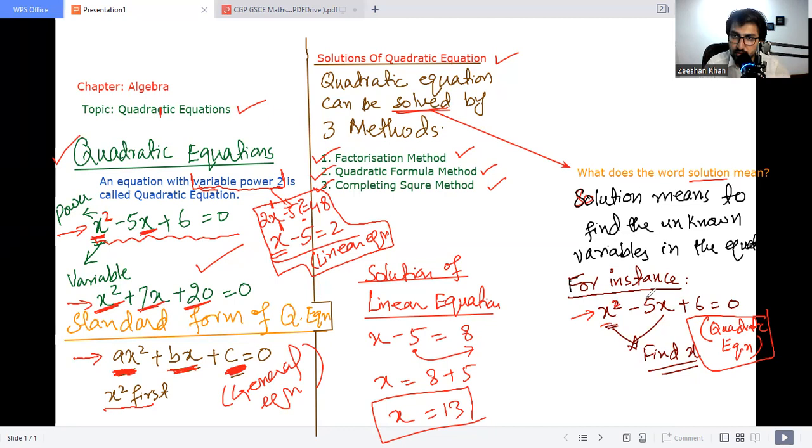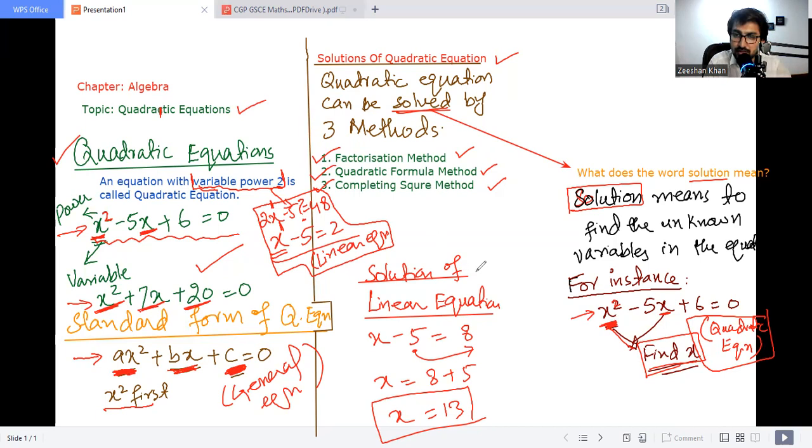So we call this a quadratic equation. Now this x is the variable, and this is an unknown. This x and that x are unknown. So we will find out x. This is what we mean by solution. Solution means find out the unknown variable. In simple words, find out x.